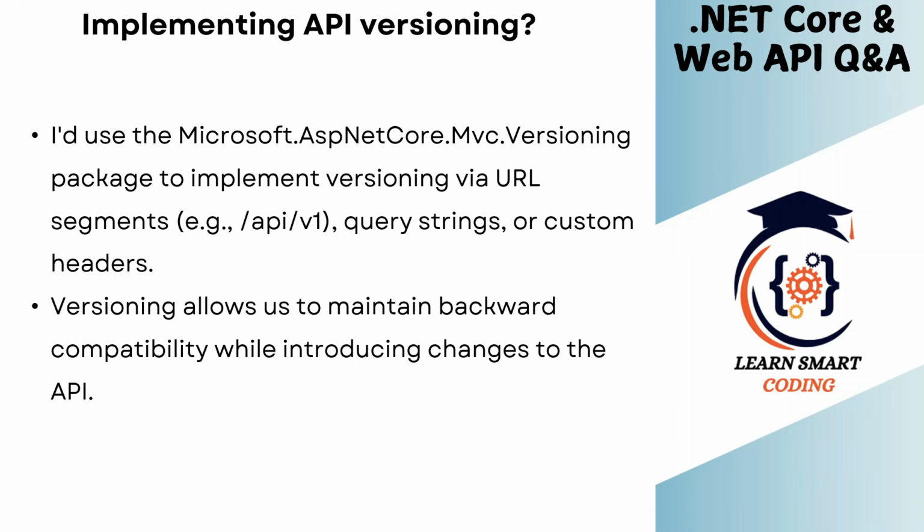What is implementing API versioning? Okay, so you might have seen a lot of videos on my channel that don't talk about API versioning. API versioning is very important. Let me give a very good example of a real-time application. Let's say there is an insurance company. Insurance companies don't deal with only the website that they have.